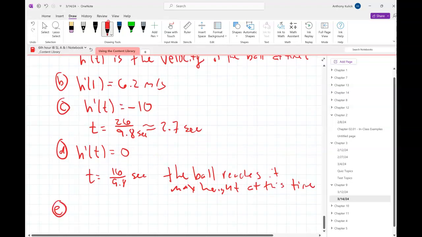Part E says, find the maximum speed of the tennis ball and the time at which this occurs. How would I do that? I would graph h prime of t.